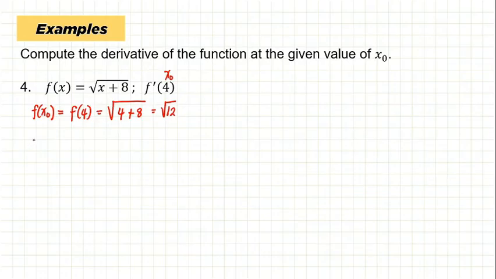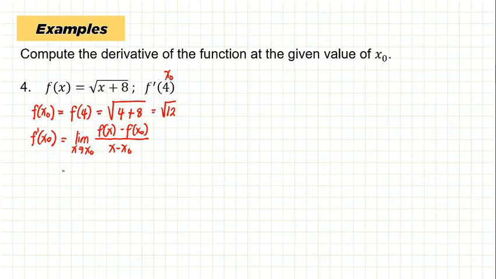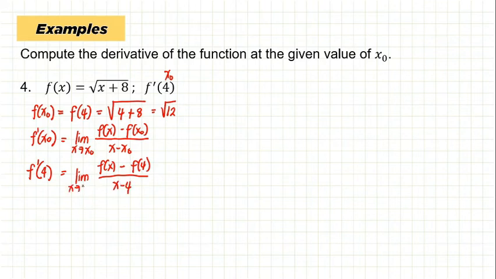Okay? So we will have now f prime of x sub o. That is the limit of f of x minus f of x sub o all over x minus x sub o as x approaches x sub o. So we will now have f prime of 4 equal to the limit of f of x minus f of 4 all over x minus 4 as x approaches 4.